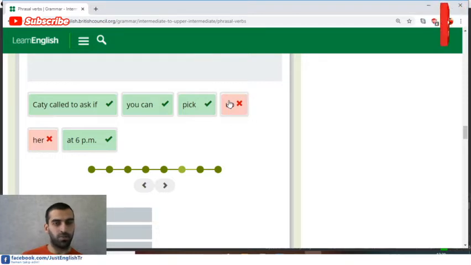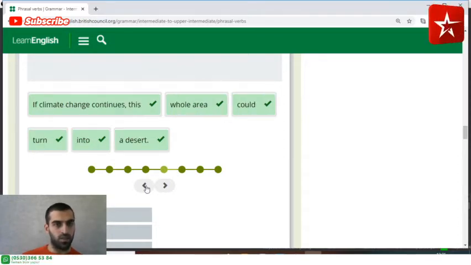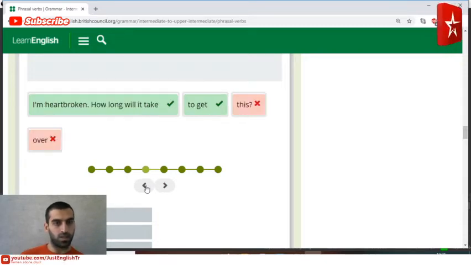This is a separable phrasal verb. We have to change the position, like pick her up. Because we have a pronoun, we have to separate this phrasal verb, like pick her up, not pick up her. Okay, and let me check. Yeah, this sentence is correct. Okay, the next mistake is here.